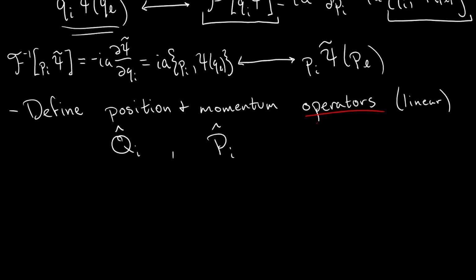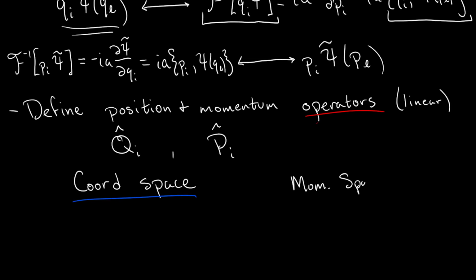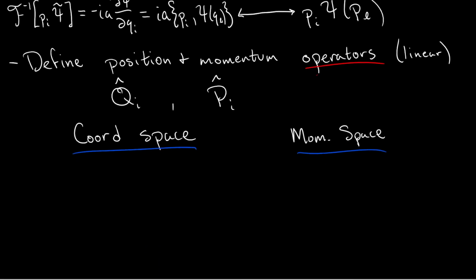Again, I'll draw this sort of table in position, so coordinate space, and momentum space. Over here, I'll have that Q hat i acting on psi of q is just q i psi of q.